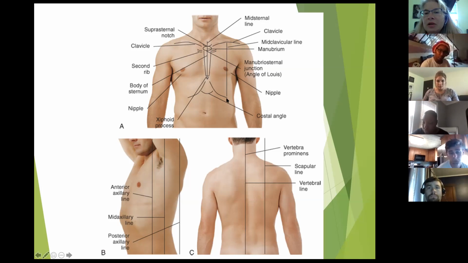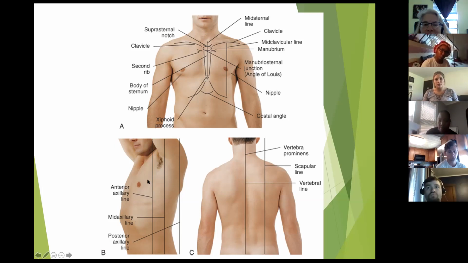So basically what's happening is we're doing these landmarks so that we can know how to find stuff on the body, on the chest, and how to tell someone else where to find it. So you've got your sternal, you've got a mid-clavicular over here, and actually you would have another mid-clavicular over here.